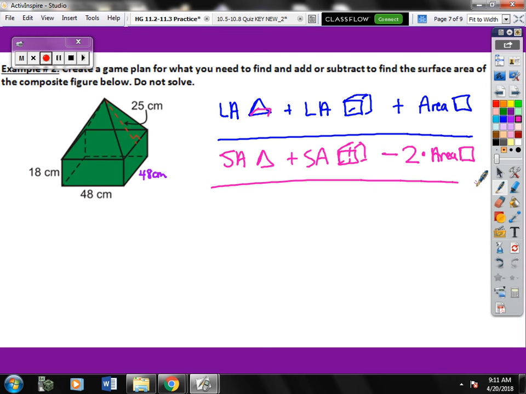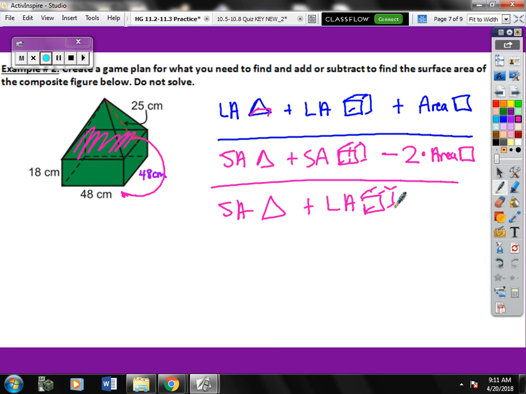Yes, but when you find surface area of this, you would still be counting that inside piece. Oh, I see. So you're going to switch that around. So we'll actually do the surface area of the prism, or excuse me, pyramid. That will include this part that you think you don't want, right? But you can let that represent the bottom because they're the same size. And then you could do the lateral area of the prism.